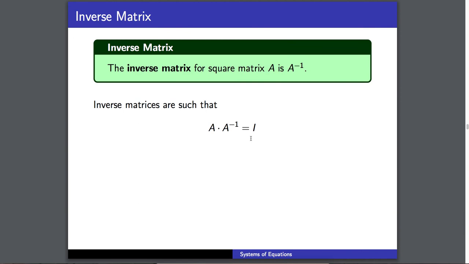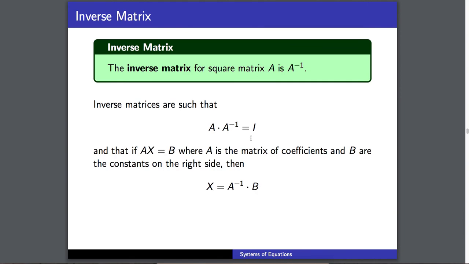In our last video, we wrote the system of equations as a matrix multiplication problem. We had a matrix A, which was the coefficients, times matrix X, which would be our variables like X and Y or X, Y, Z. And then matrix B was our answers on the right-hand side.